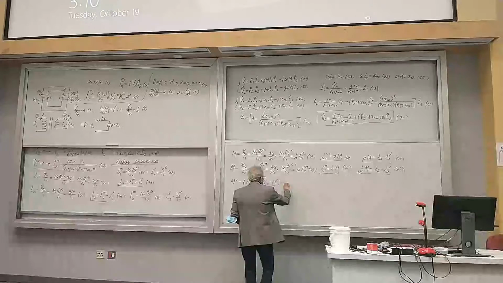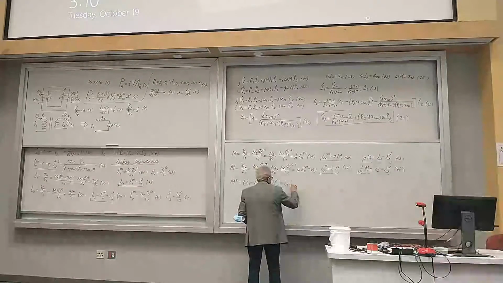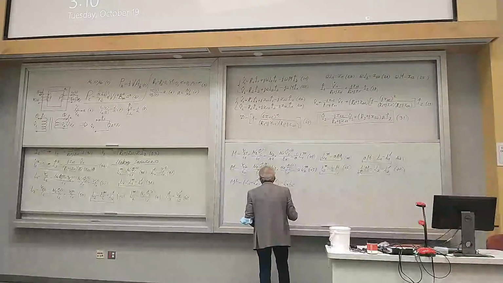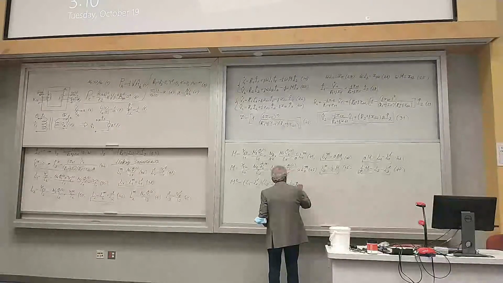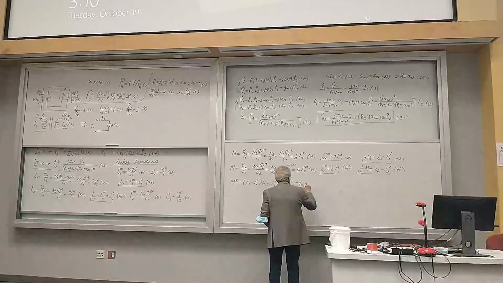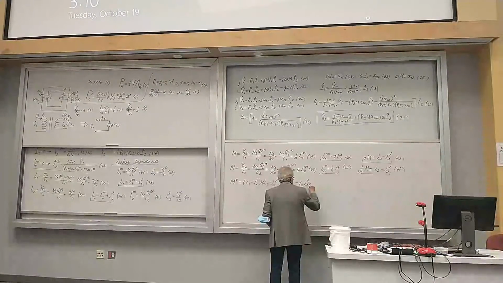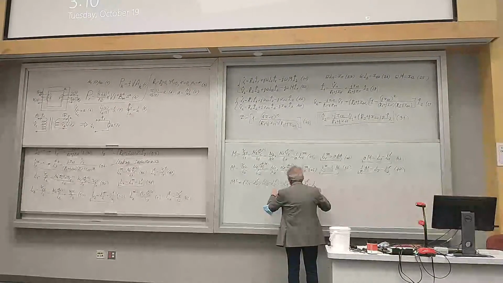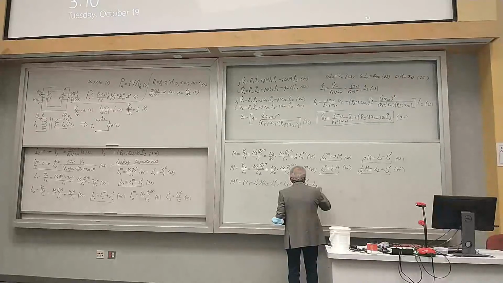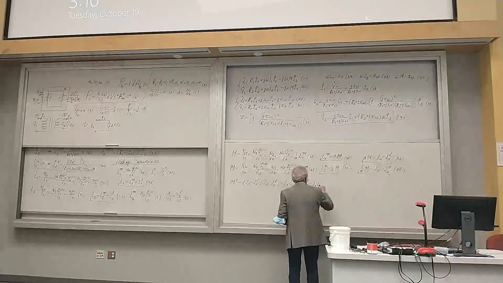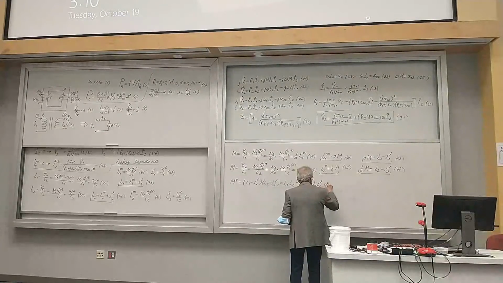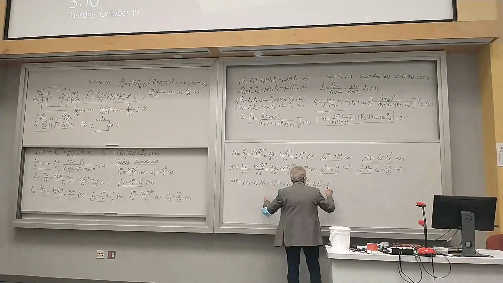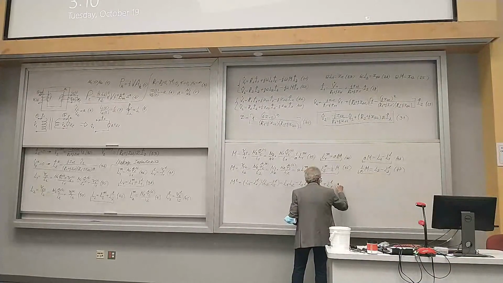With simple algebra, it will be equal to L sub 1 times L sub 2, minus L sub 2 times L sub 1 leakage, minus L sub 1 times L sub 2 leakage, plus the product of the leakage inductances.